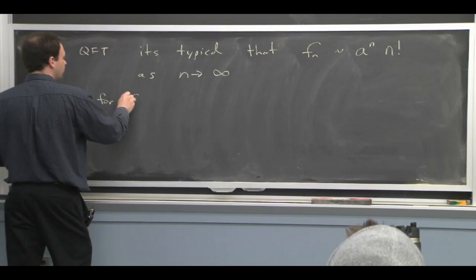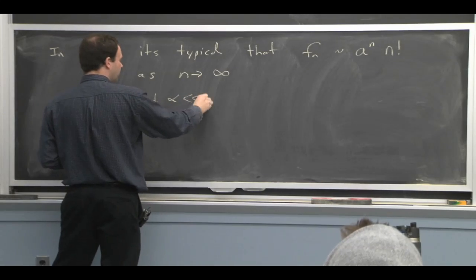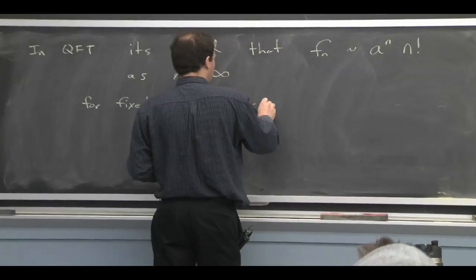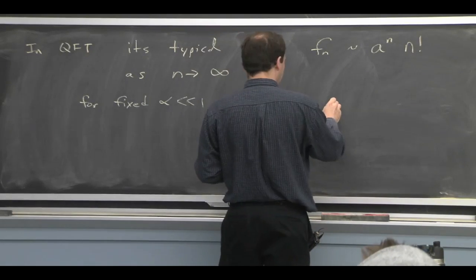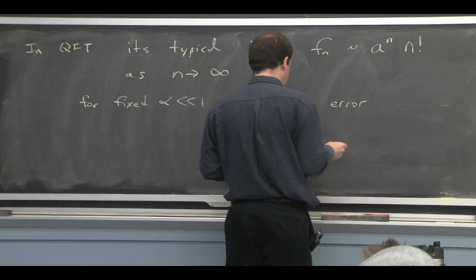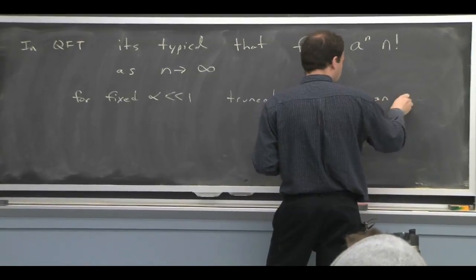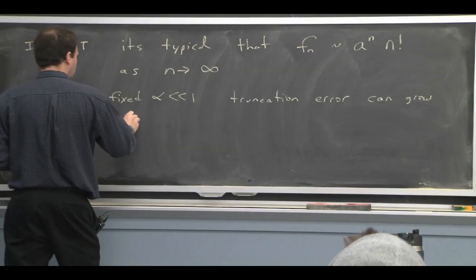So that means if you're fixing alpha as some value of the parameter, no matter how small you take it, at some order in perturbation theory you're basically running out of gas, and your truncation error, your predictions, start to grow and diverge.